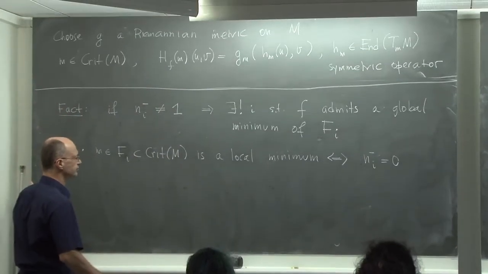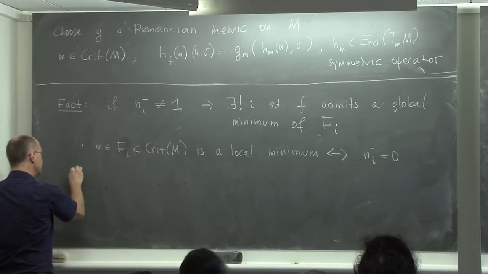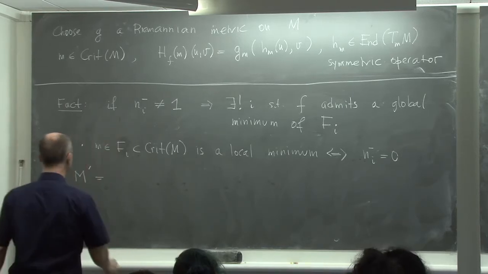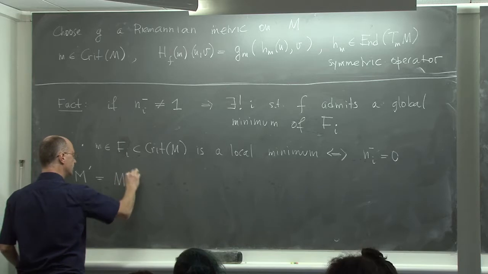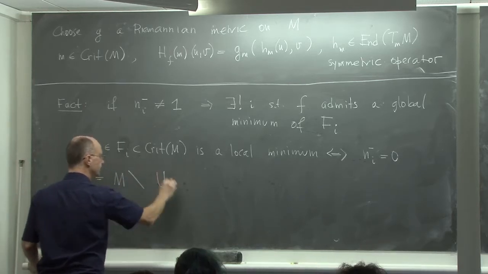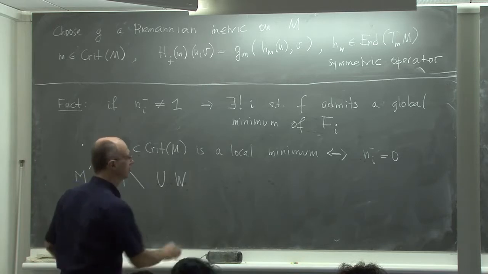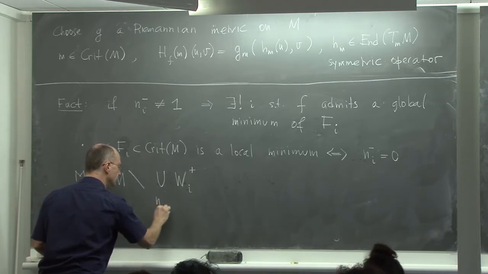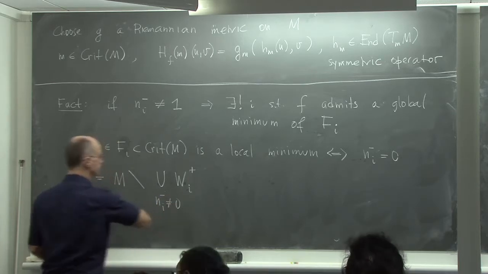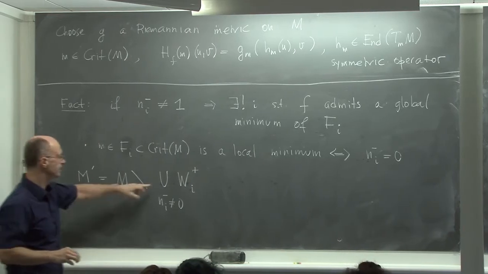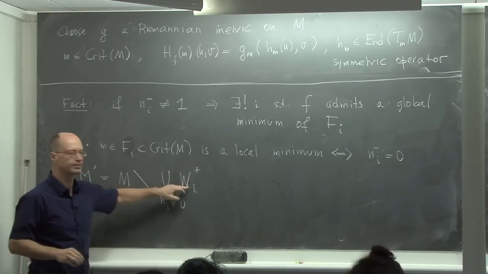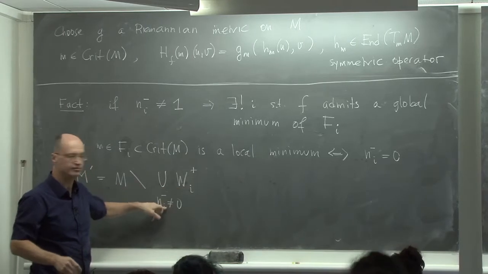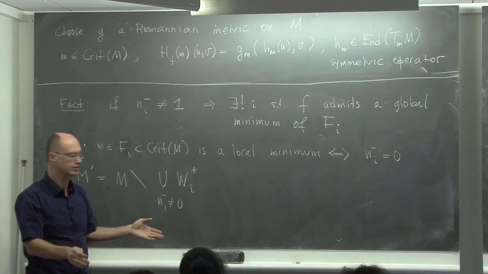So why is it true? Let's consider M prime to be M without the union of the stable manifolds which correspond to n_i minuses not equal to 0. So these are stable manifolds which correspond to F_i's where you do have negative directions.